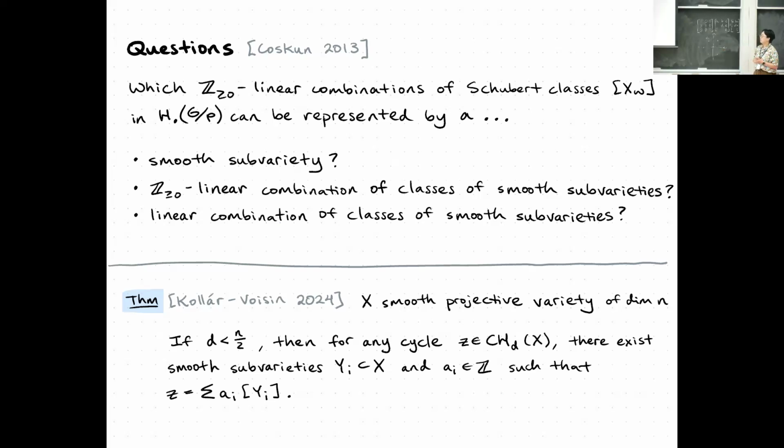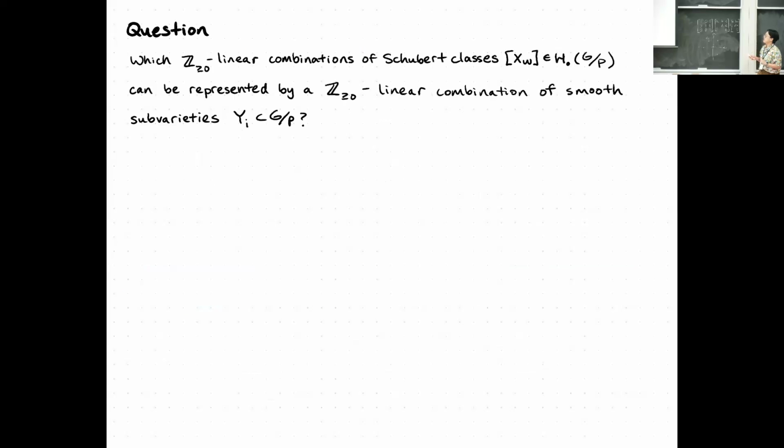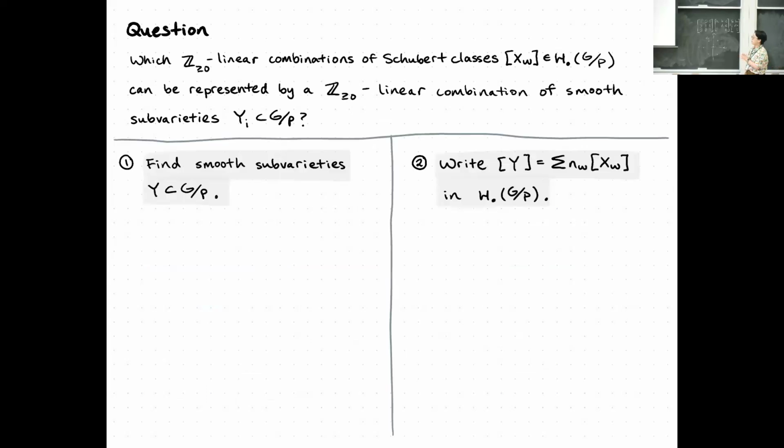But yeah, all right. So that leads to the question I've been focusing on, which is which effective combinations can be represented by some effective linear combination of smooth subvarieties.